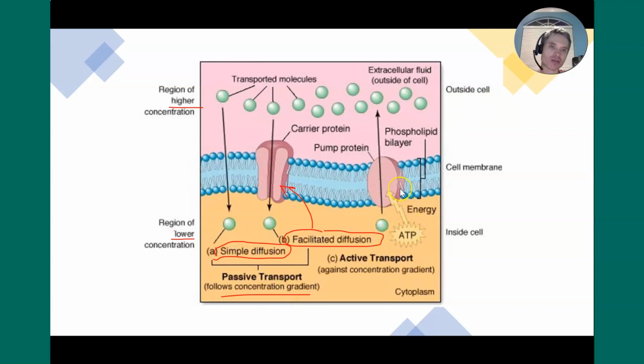That's in contrast to the right-hand side of the screen here, where we have active transportation. Active transportation is going against the concentration gradient. So in this situation, we're going from a low concentration to a high concentration, the opposite of what it should be. And because we're going against the concentration gradient, it is essential that we are using ATP to drive this pump.